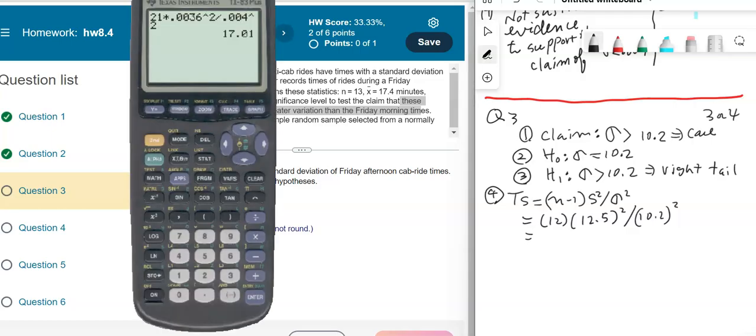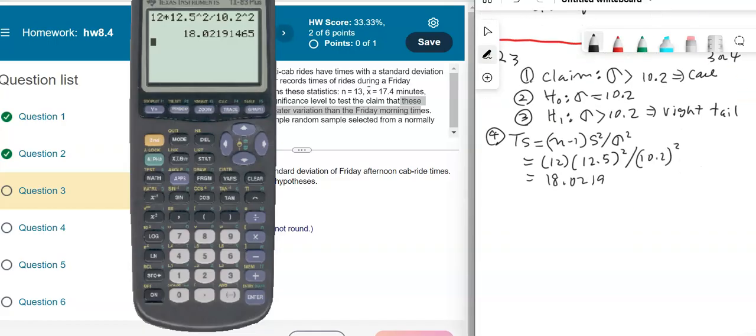So in the calculator, 12 times 12.5 squared divided by 10.2 squared, right? So I have 18.0219. Now, this is a right tail test.